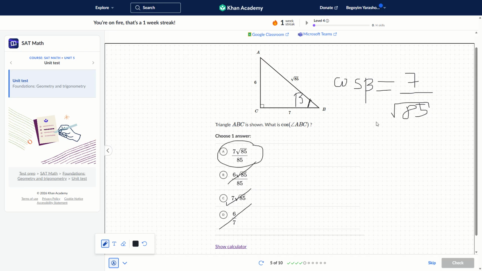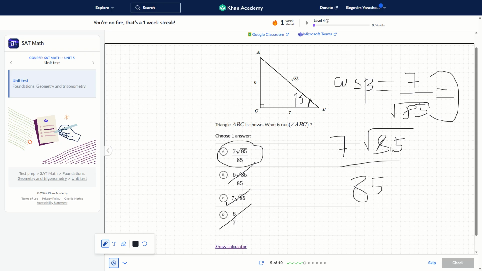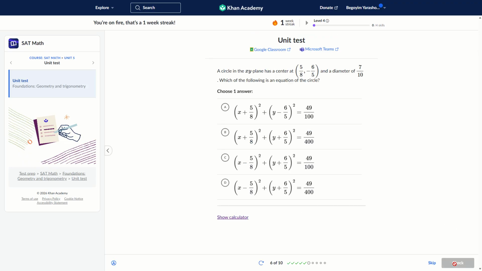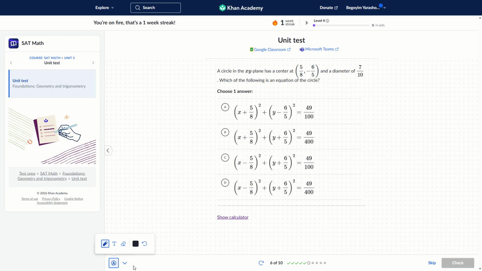How can we transform this into this? We can write it like this, and we give a square like this. It would become like that. Without doing this, you can easily find the correct answer by choosing. Yep. Next.